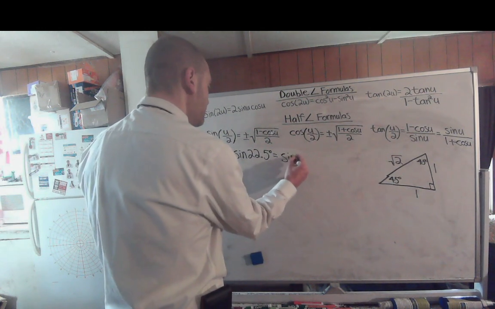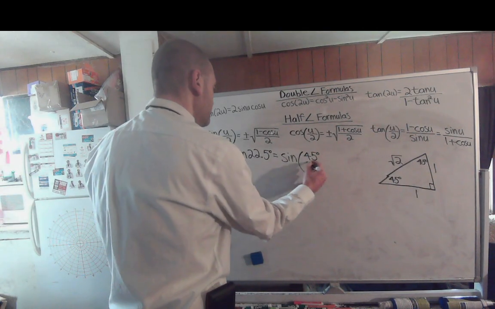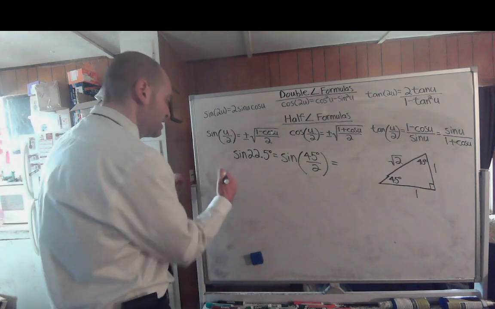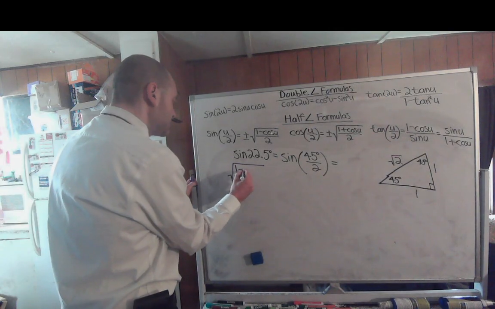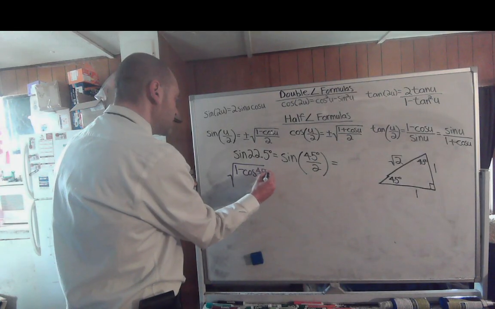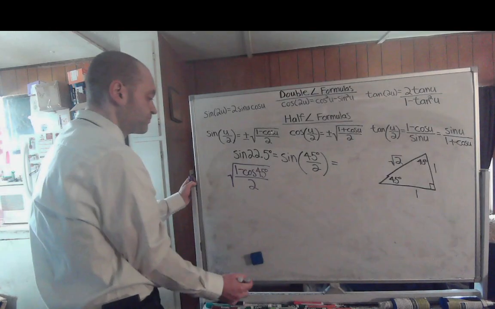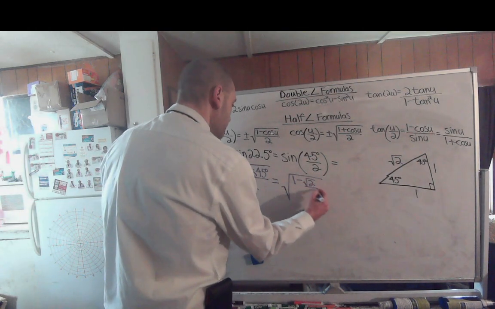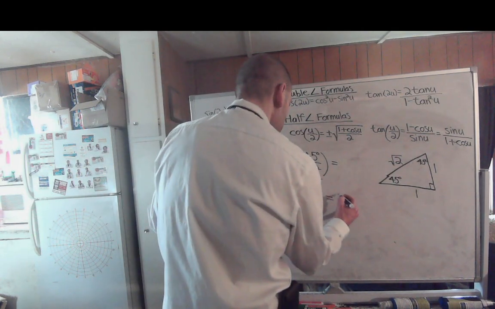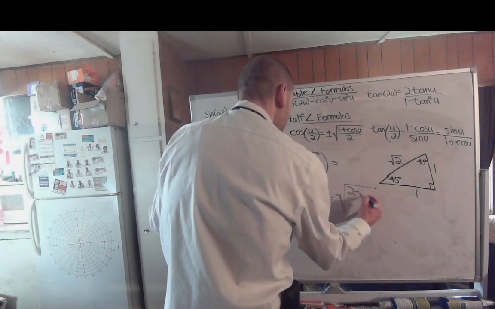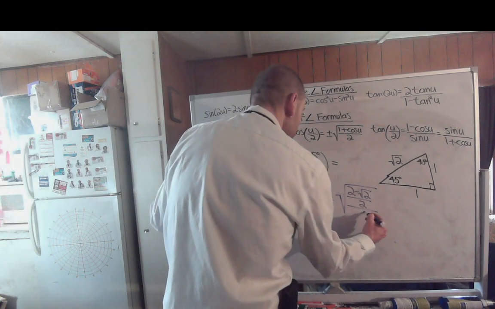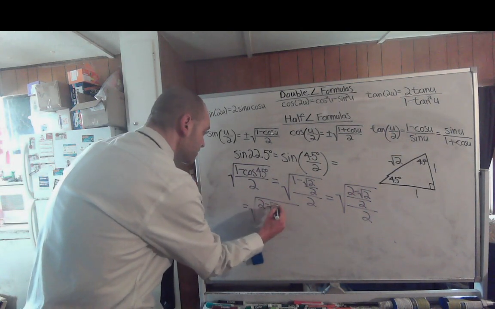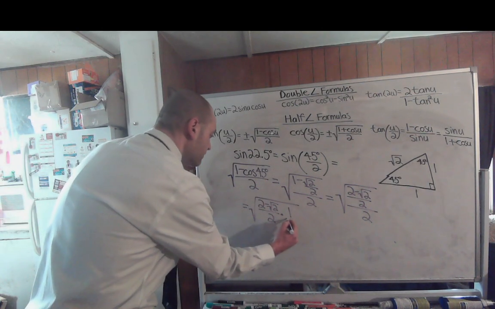So we know the sine of 22.5 is the same as 45 degrees over 2. 22.5 lies in the first quadrant, so it'll be the positive square root of 1 minus the cosine of 45 degrees all over 2, which would equal the square root of 1 minus the square root of 2 over 2 all over 2, which would be 2 minus the square root of 2 all over 2 all over 2, which would equal 2 minus the square root of 2 over 2 times 1 over 2.